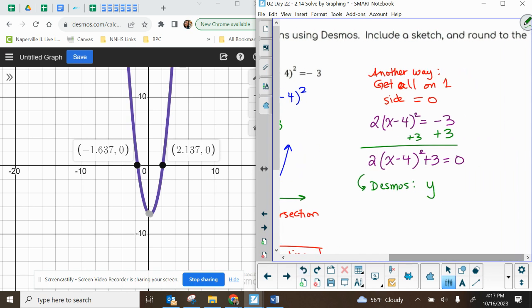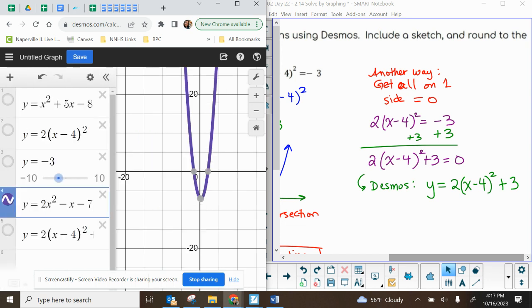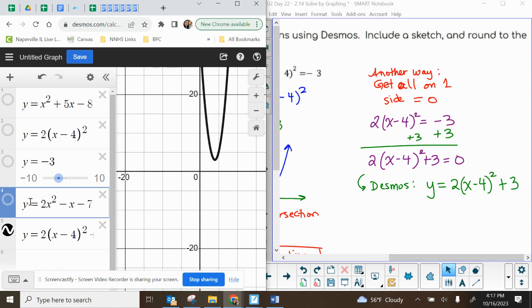And then I would type into Desmos y equals 2 times x minus 4 quantity squared plus 3, which I did do over here to show you what it would look like.